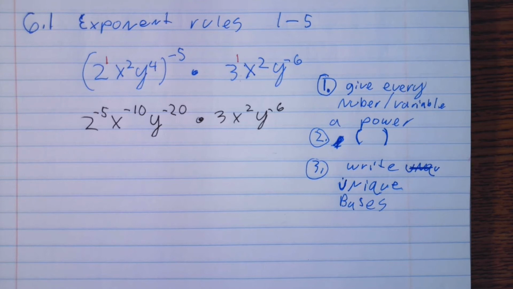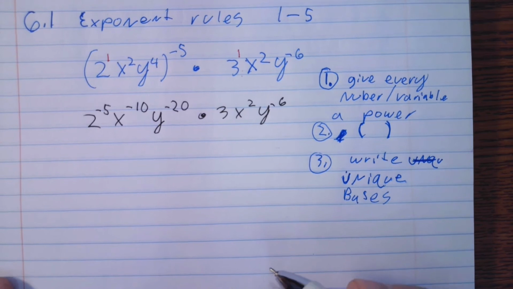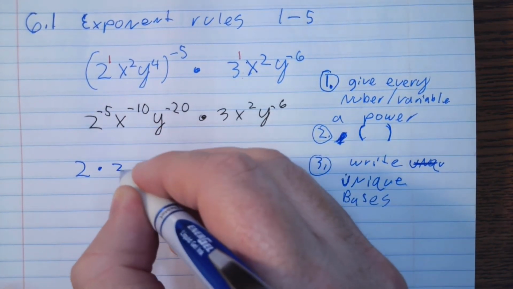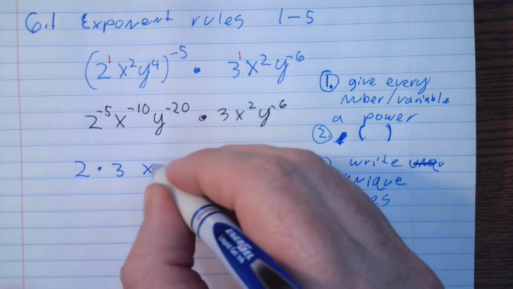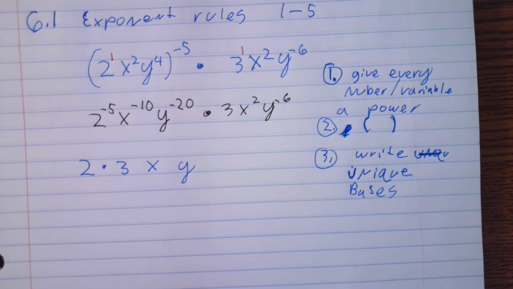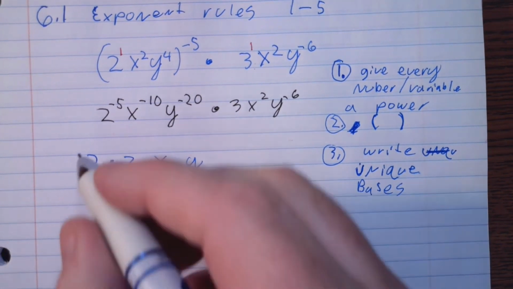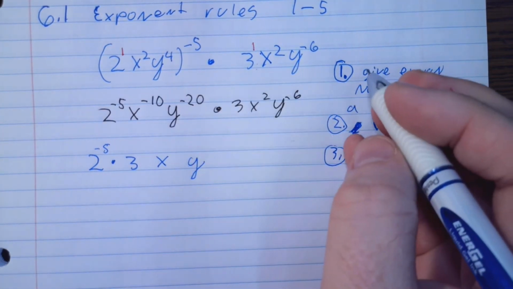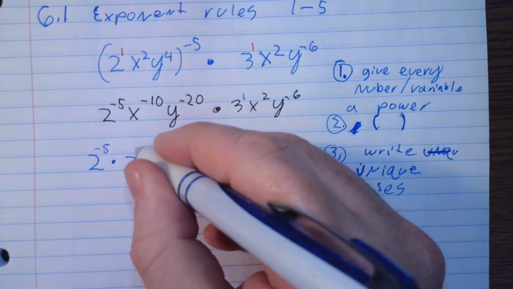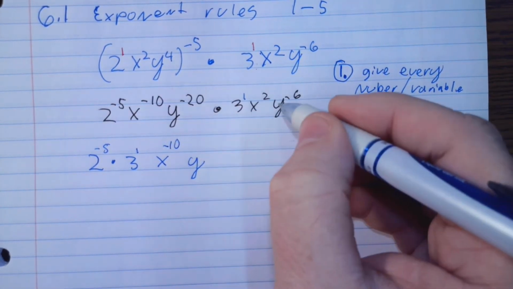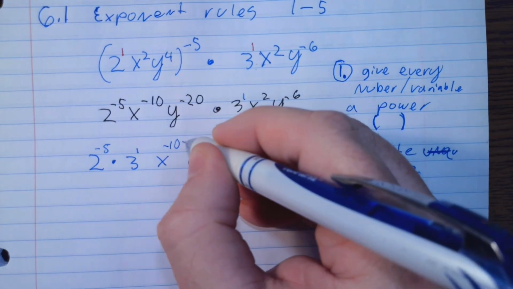How many unique bases do I have? 4. You're right. We do have 4. We have a 2. We have a 3. We have an X. And we have a Y. Okay, we have 2 to the negative 5th power. We have 3 to the 1st power. We have X to the negative 10, and I'm adding 2.